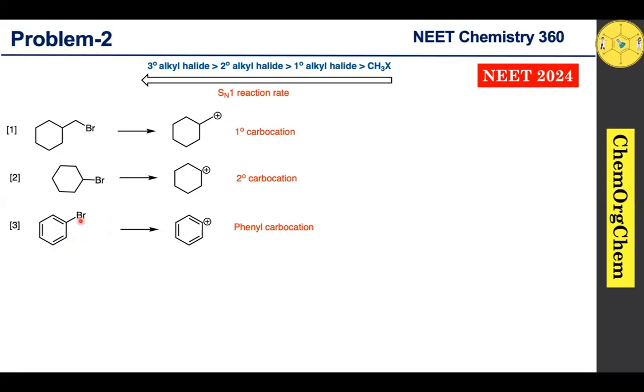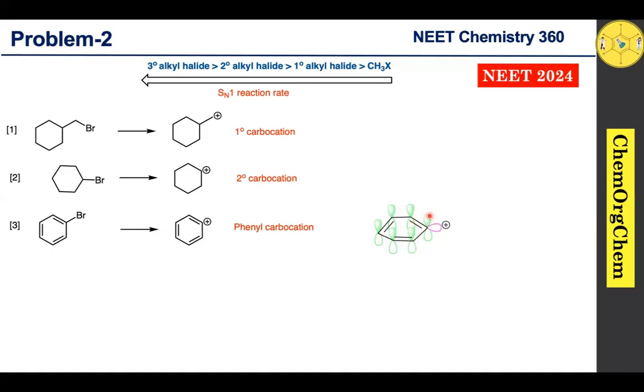If it undergoes SN1 reaction, that may produce this phenyl carbocation. This phenyl carbocation is a highly unstable species. Why is this phenyl carbocation highly unstable? Here you see this is the vacant p orbital, while these green colored orbitals are filled p orbitals of the pi electrons, resonance stabilized by the ring system.